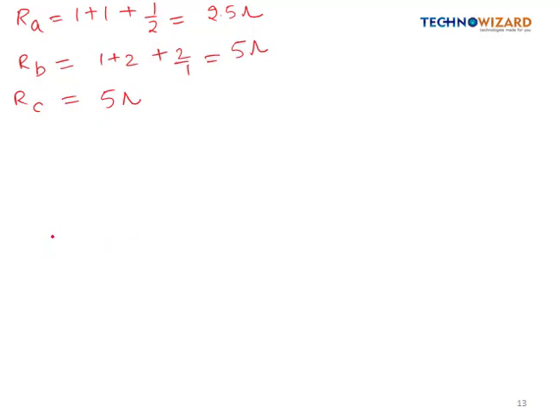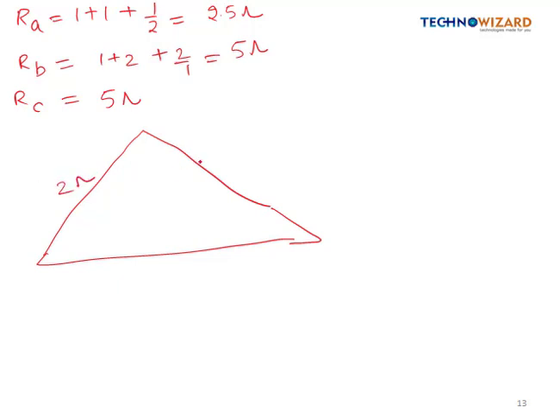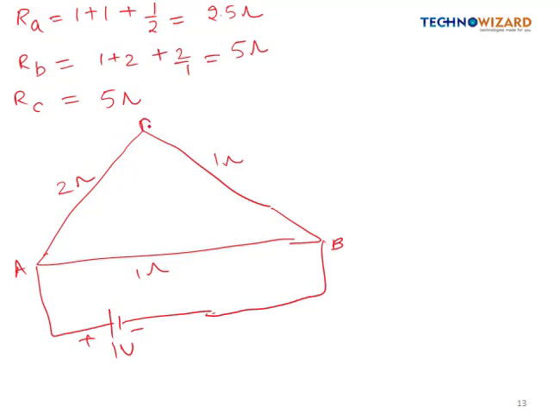So now already they have given us a delta network like this, right? So its value was 2 ohm, 1 ohm, 1 ohm. Here a 1 volt battery was connected. So this is 1 volt battery. This was positive, negative, this was A terminal, this was B terminal, this was G terminal.